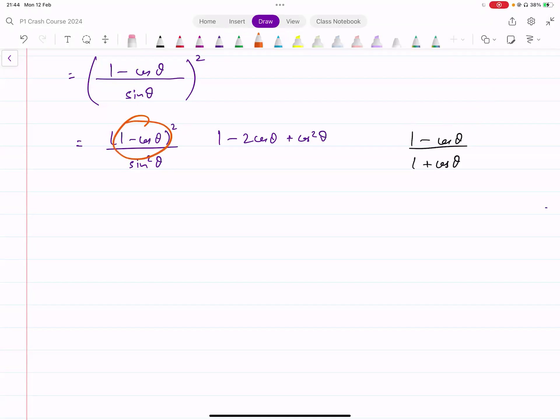We want 1 minus cos theta in the numerator, and we have that here already. If we can just somehow get rid of this power, we would have that. So we should not be expanding it, because if we do expand it, we would need to factorize this again. At the end, we would need to write it like this again.